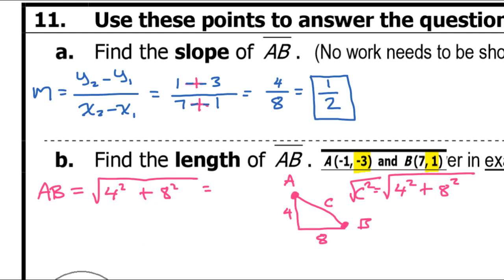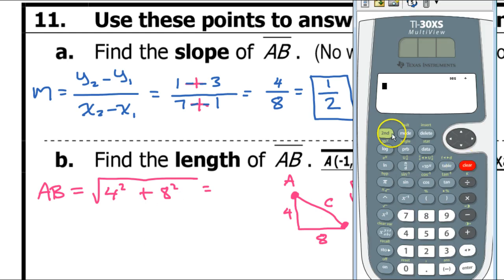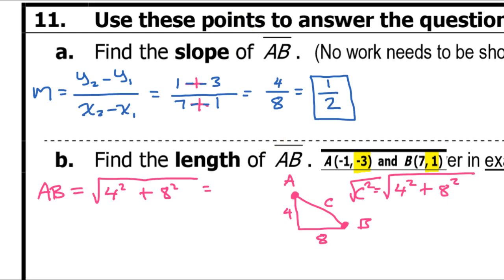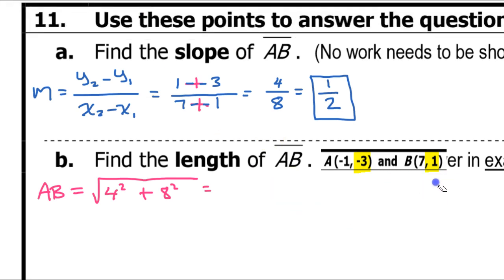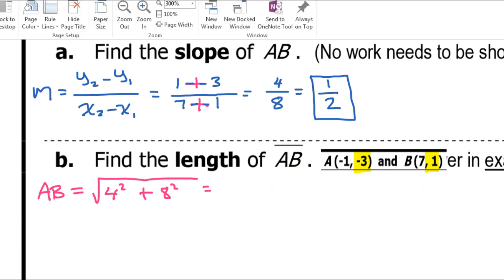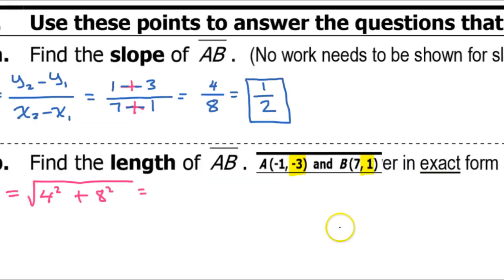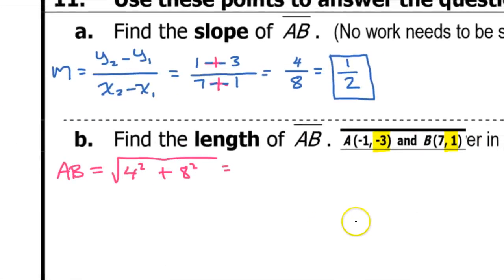Alright, and I could do this in my head, or I could use a calculator and do the square root of 4 squared plus 8 squared. Okay, so it's 4 radical 5. They said in exact form and as a decimal.